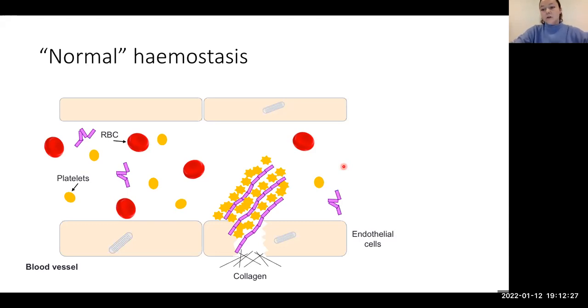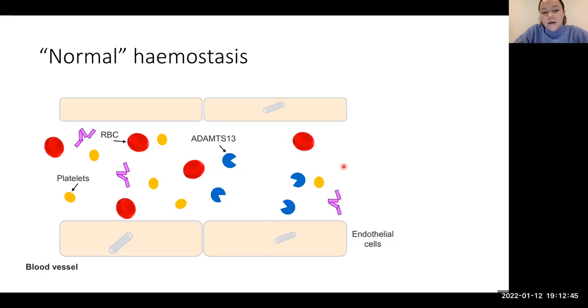We want this clotting to stop uncontrolled bleeding. What ADAMTS13 is required for is then to resolve this clot, to break it up so that it is no longer a clot once the blood vessel has healed. So ADAMTS13 chops it off and resolves this clot.